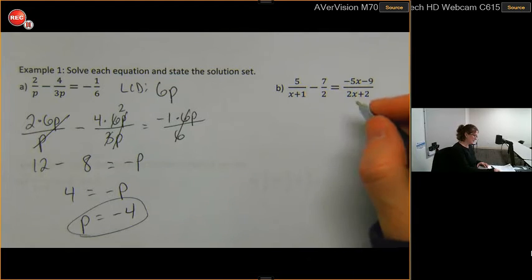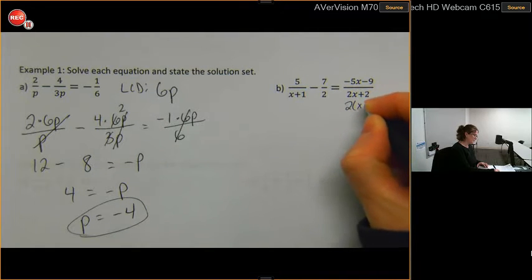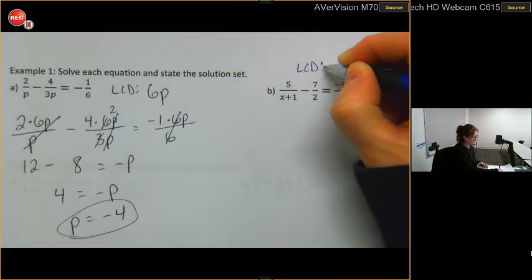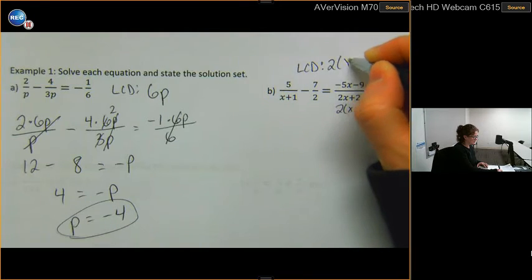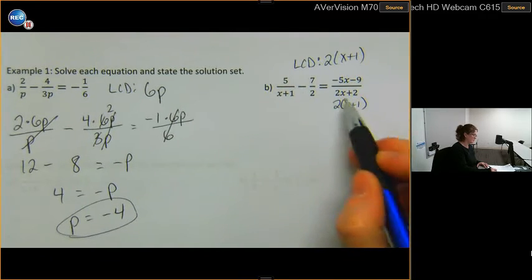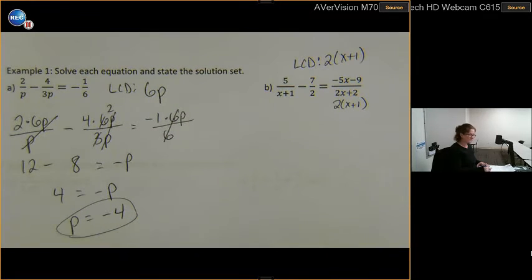Letter B, I can factor. So then my LCD here, I have a 2 and an x plus 1. x plus 1, 2, and 2, x plus 1. So that's my LCD.